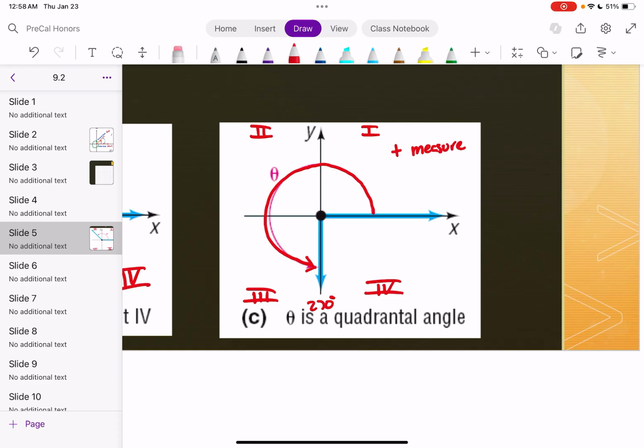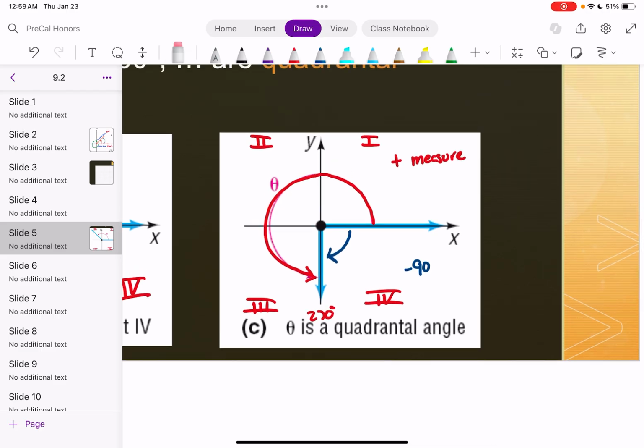Now, even if we were to say this angle would be a negative 90 degree angle, this would still be a quadrantal angle. It does not have to necessarily be positive. It just has to be a multiple of 90, 180, 270, 360, and so on, whether it is positive or whether it is negative.